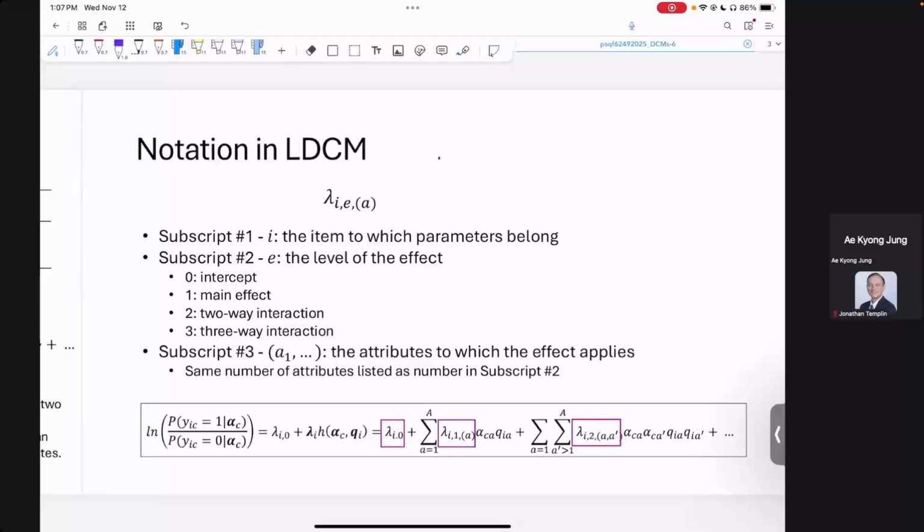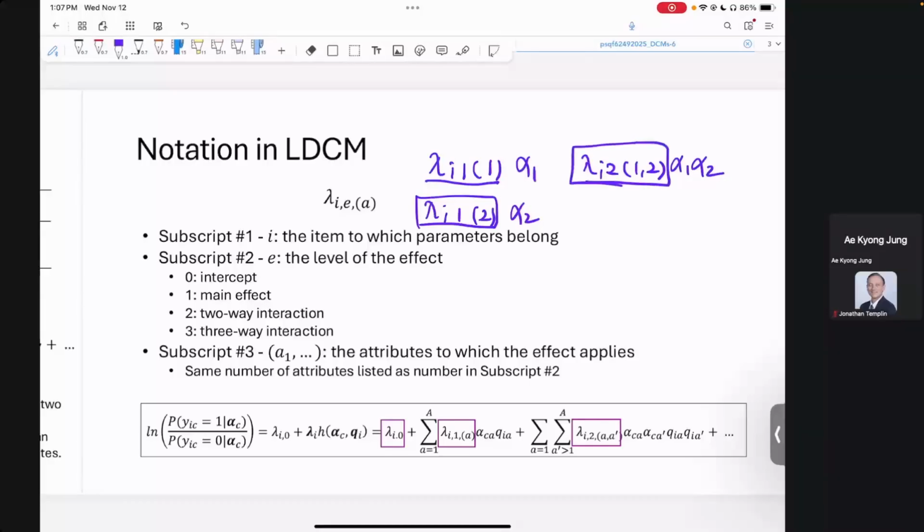So for example, the main effect of attribute 1 will be like this. The main effect of attribute 2 will be denoted as this. And the interaction effect between attribute 1 and 2 will be denoted like this.